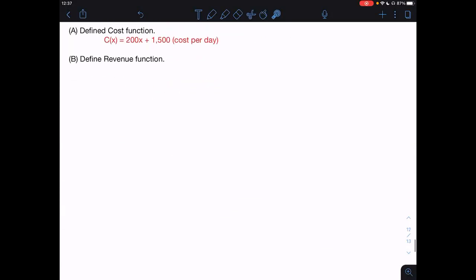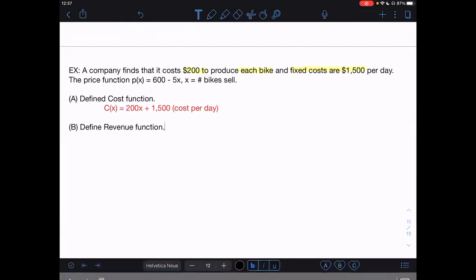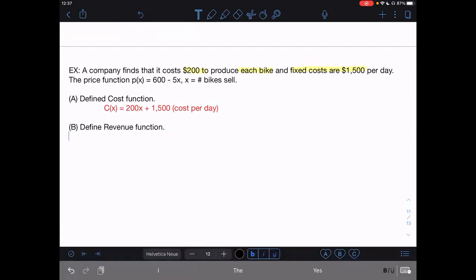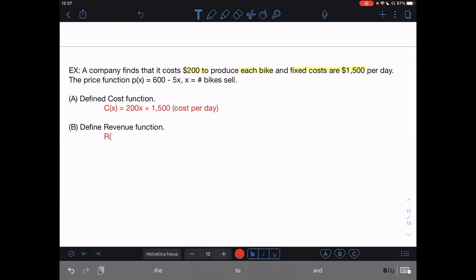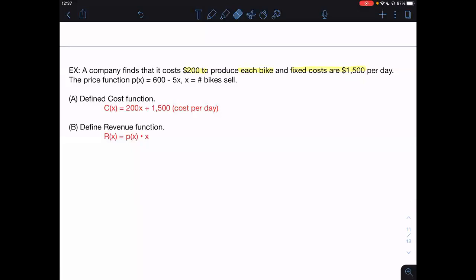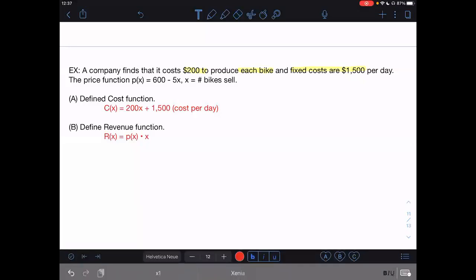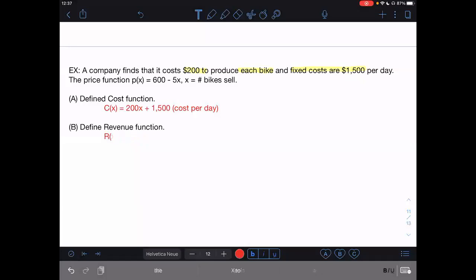Look at our example here. If we want to define our revenue function, big R of X, we have to take our price function and multiply by the quantity of bikes that we're going to sell, which is represented here by X. So price times X. Let me write it out, because it's going to be squaring stuff.